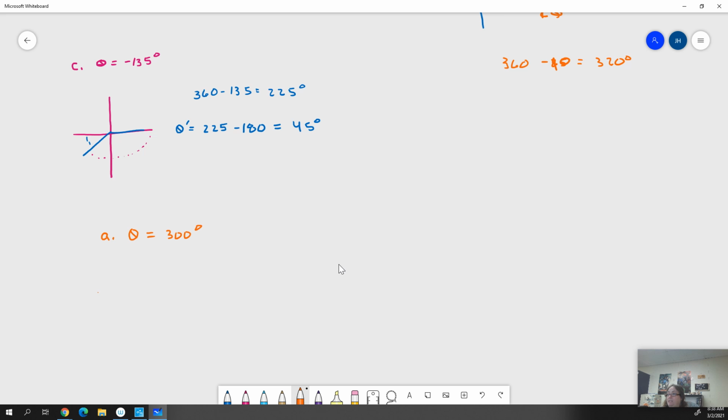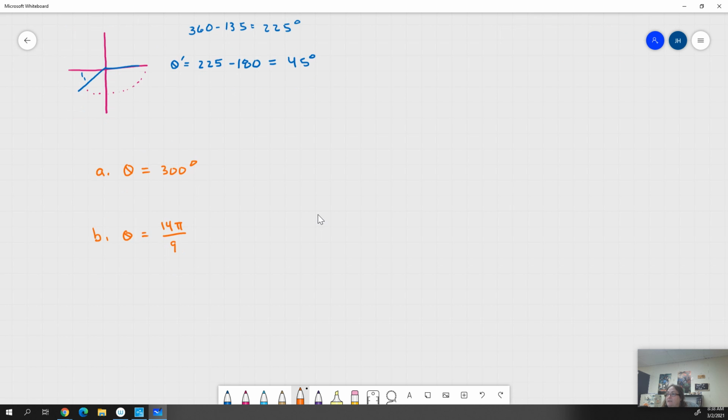Then you're going to have B, which is theta equals 14 pi over 9. And then C, we've got theta equals 4 pi over 5.